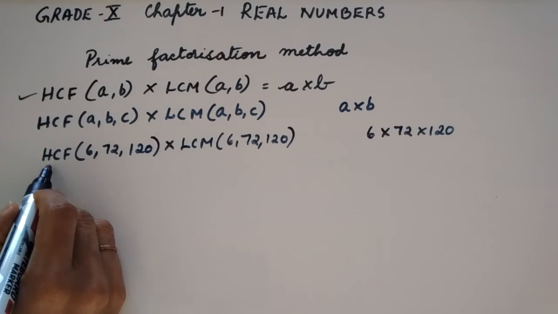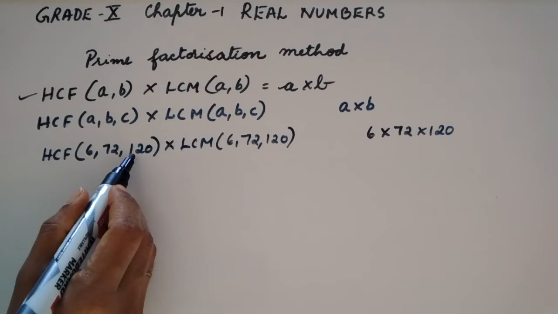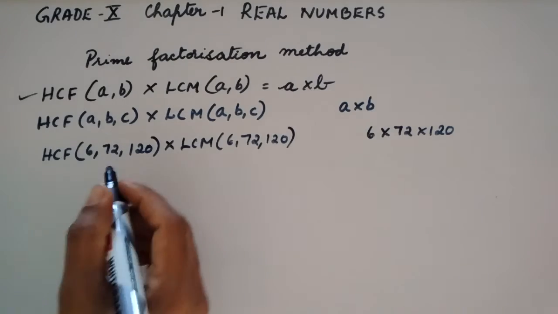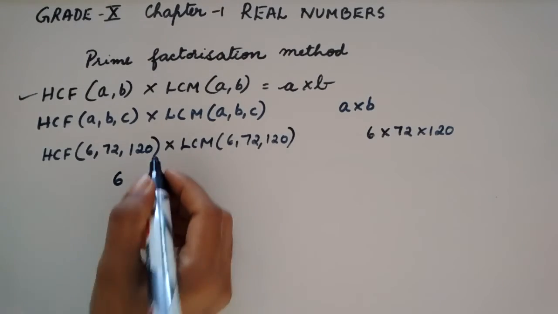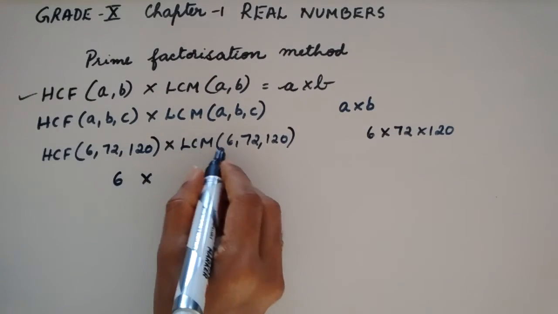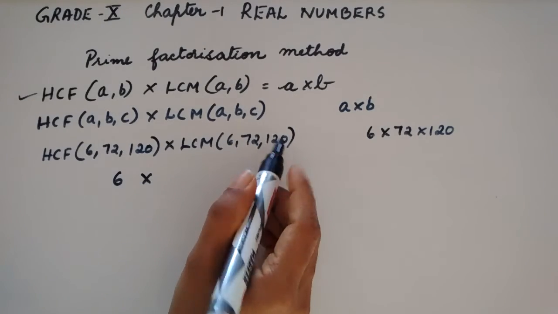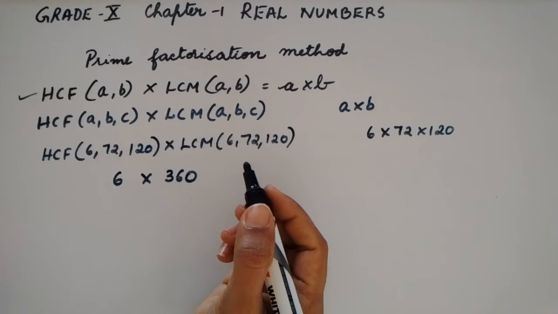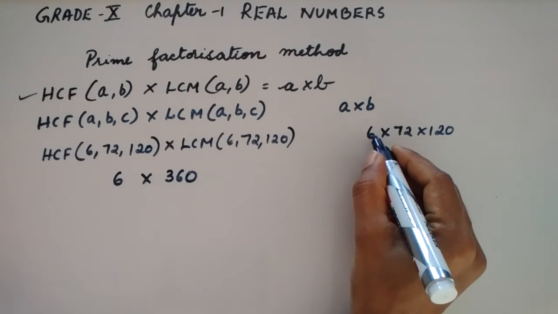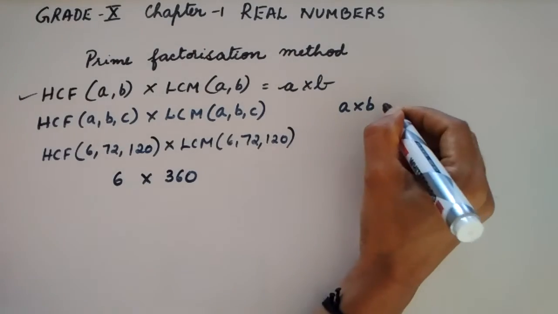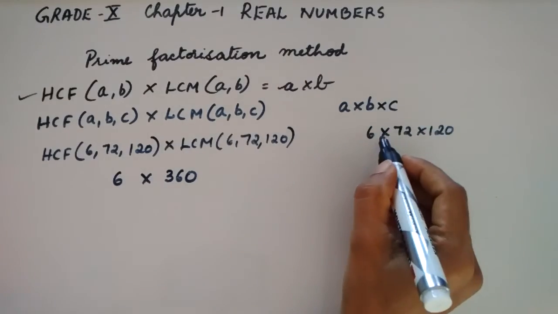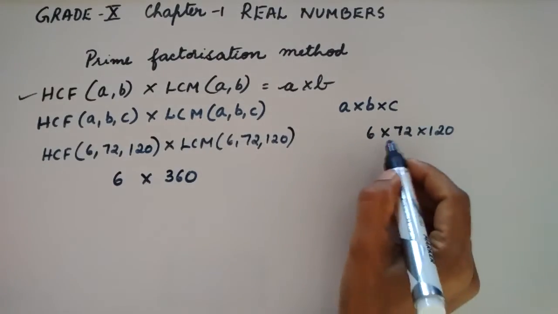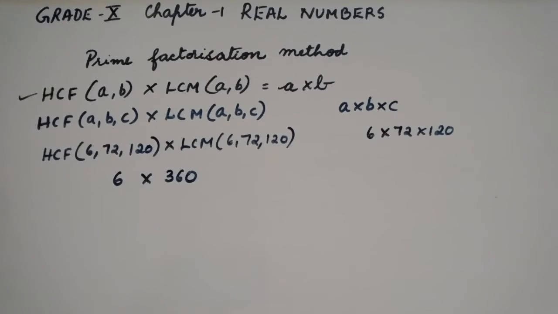Here we got HCF of 6, 72 and 120 as 6, isn't it? Into what was the LCM of 6, 72 and 120? It was 360. Now let us multiply this one. Sorry, this is into C. So let us multiply this one. 6 into 72 into 120.